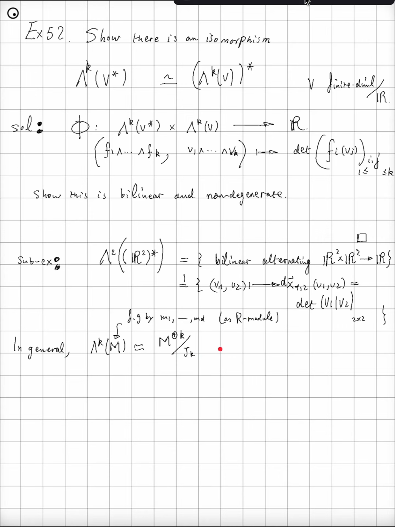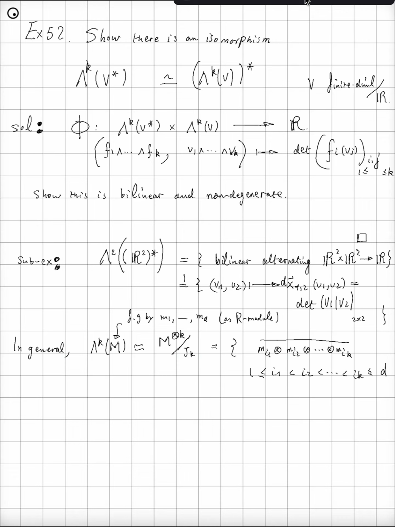And then a basis of this, here I mean tensor product, is given by m_{i1}, m_{i2}, to m_{ik}, where i1, i2, to ik come from an increasing sequence of integers.